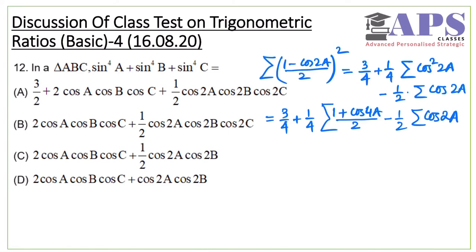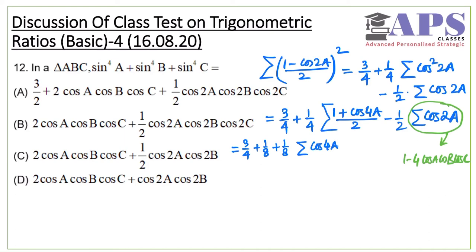Now we know this value: summation of cos 2a when a, b, c are angles of a triangle is 1 minus 4 cos a cos b cos c. We can simplify further to get 3 by 4 plus 1 by 4, that's 1 by 8 plus 1 by 8 summation of cos 4a.